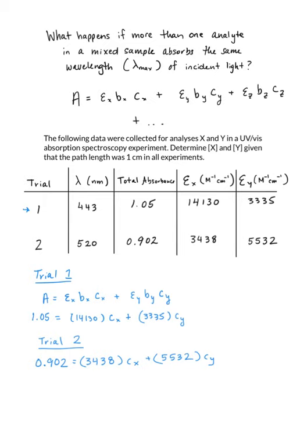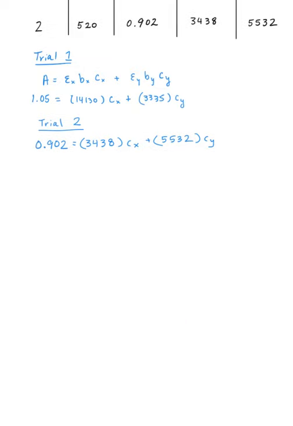Therefore, we have a system of equations, 2 equations with 2 unknowns. We can rearrange one equation, plug into the other, to solve for one of the unknowns. Suppose we wanted to rearrange trial 2's equation. We would have to solve for Y in terms of X. To do so, we would subtract 3,438 CX from both sides and divide both sides by 5532.